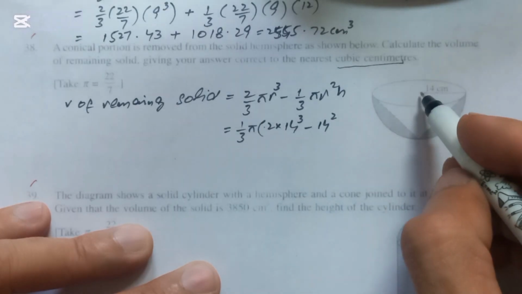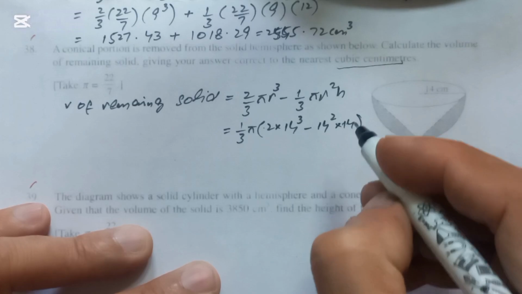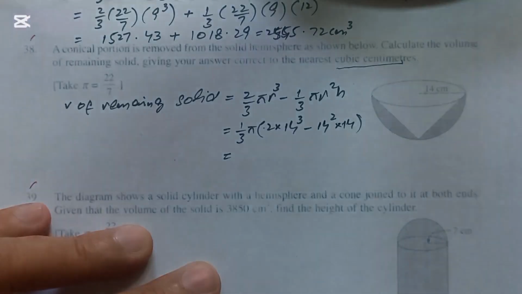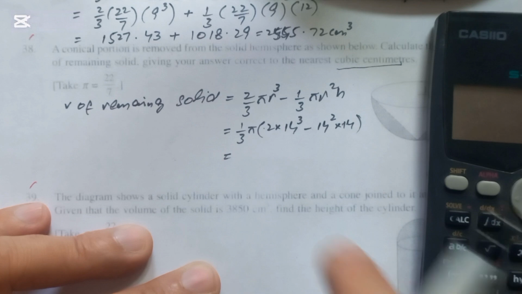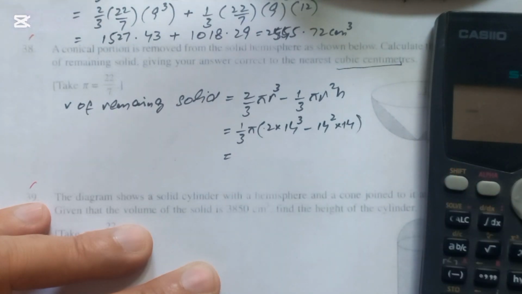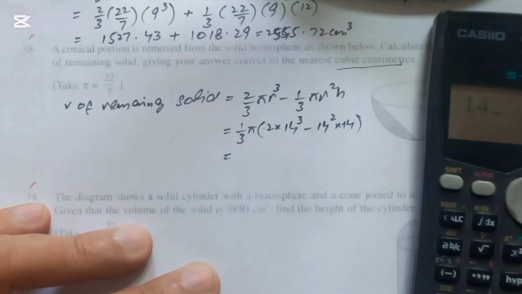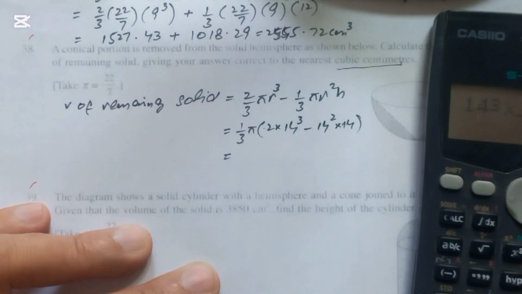And h will be again 14. Use the calculator. 14 cube multiplied by 2, multiplied by 2, equal minus 14 cube.